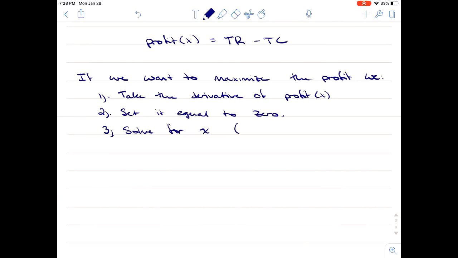X will be the maximizing output, right? How many of these things do you need to sell and produce to maximize your profit, right? So it's kind of like, okay, well, if we know x, then we can figure out what the profit will actually be, right? What the maximized profit is. So x is the maximized output, not the maximized profit, but the maximized output.